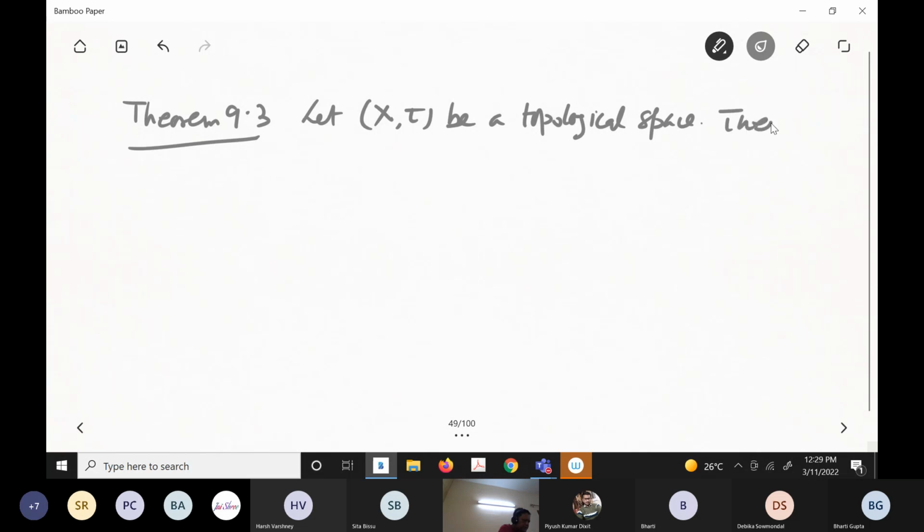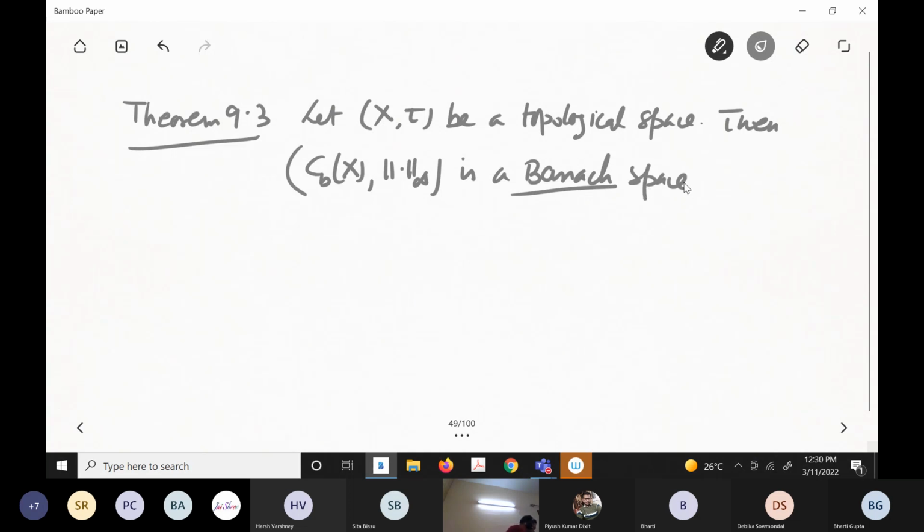Then C_b(X) with this norm is a Banach space. Here he is saying complete. Actually, compactness is required for a different thing. But let me tell you.